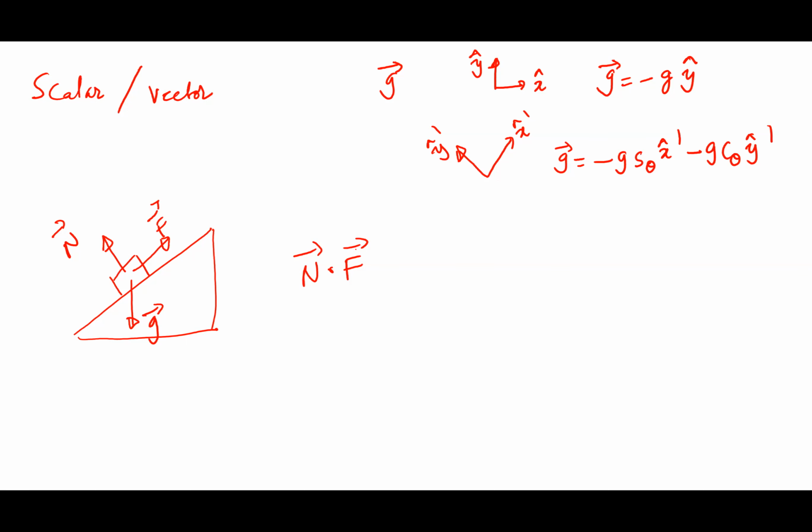A scalar is not a number. A scalar is something that does not change when you change the coordinate system. A vector is something whose components change when you change the coordinate system. So, for example, if you were to say the length or the height of this inclined plane, what do we mean by that?